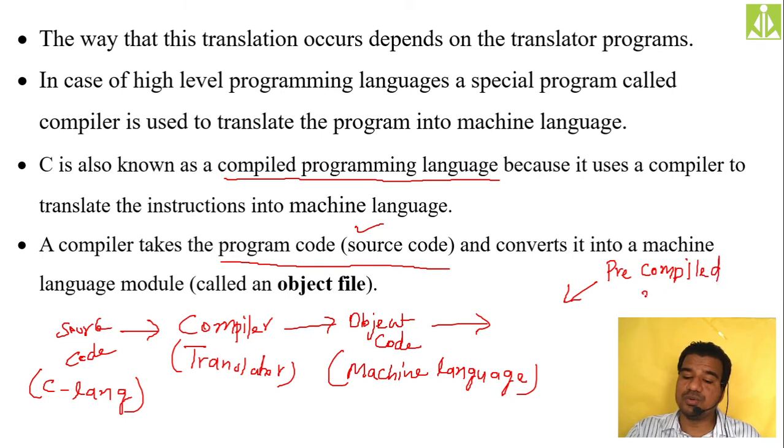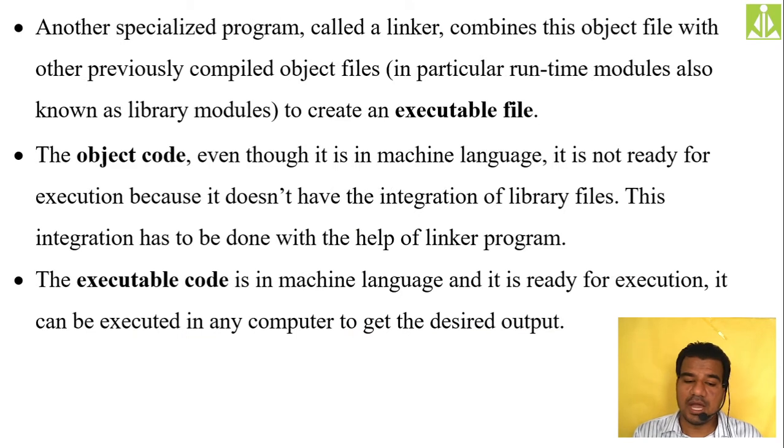And who is doing this job for us? Adding object code with pre-compiled modules, in the sense the linker. And finally we will get the executable code. This executable code you can give to the computer and you can get the output.